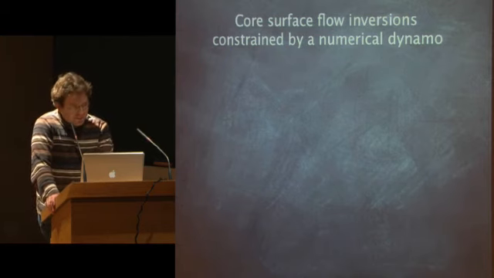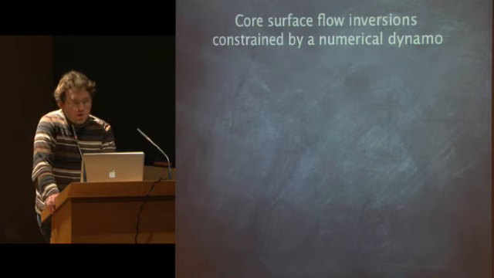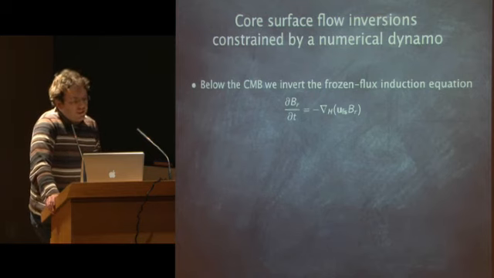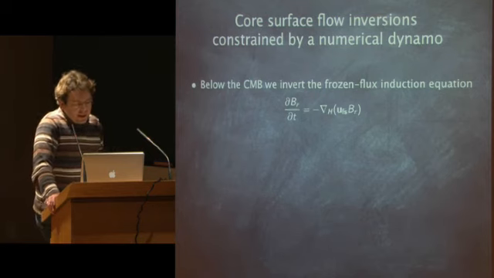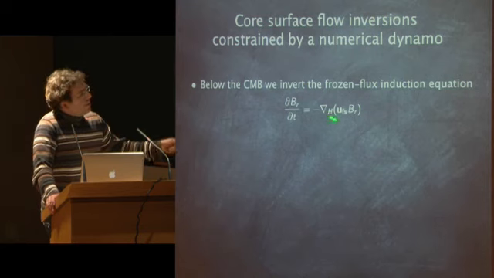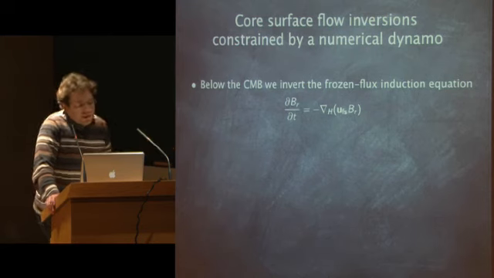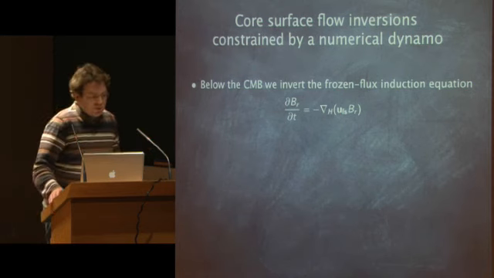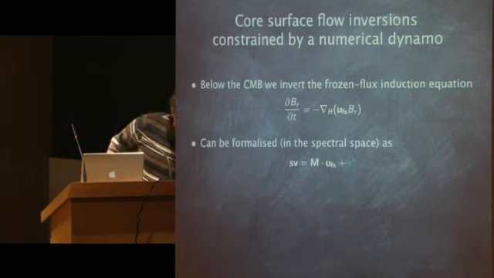So the first step is to look below the surface of the core, where the magnetic field secular variation here is mainly produced by frozen flux advection of the magnetic field itself by a free stream velocity, which I denote by UFS.